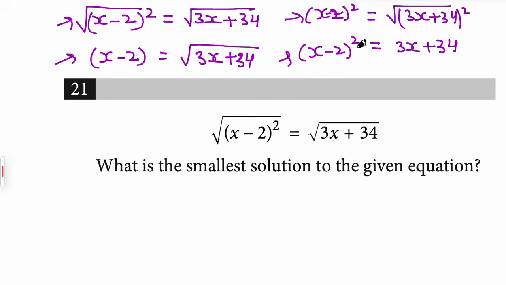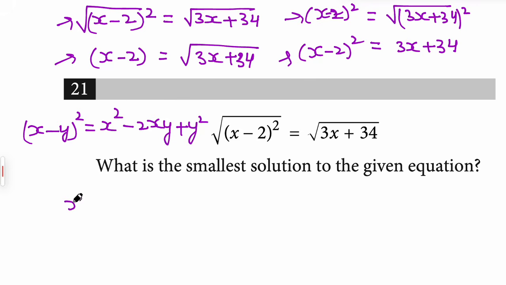Now here I have a square, so we can use the identity. This identity is x minus y whole squared is equal to x squared minus 2xy plus y squared. So in place of y we have 2. x minus 2 whole squared is equal to 3x plus 34.